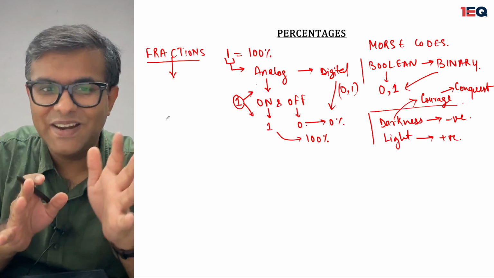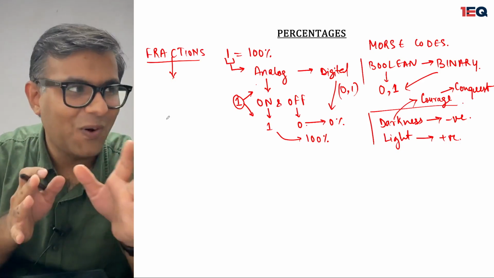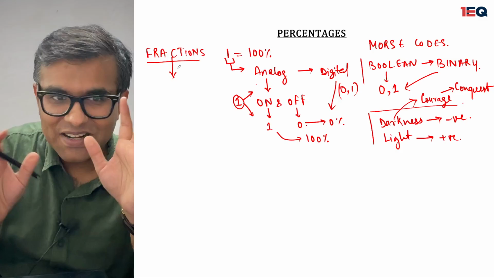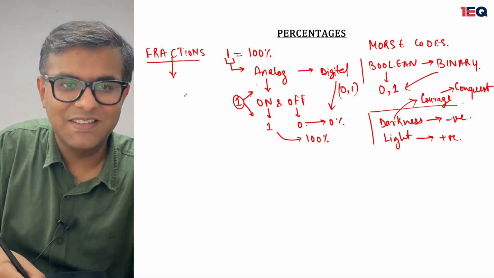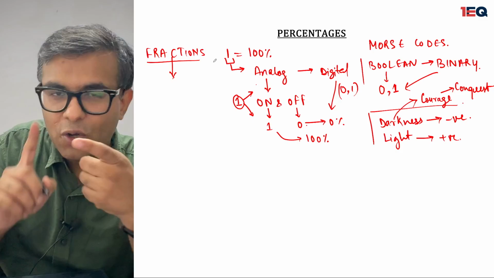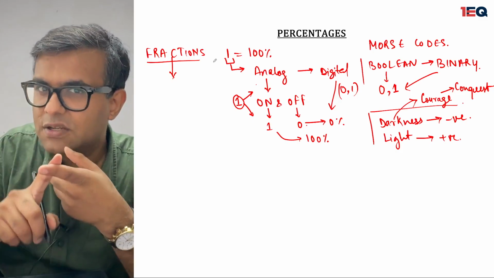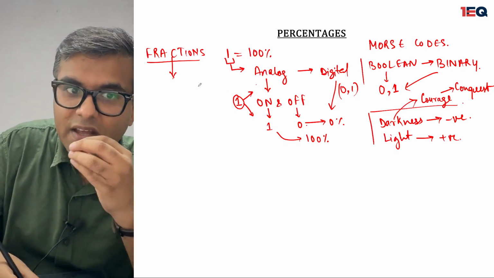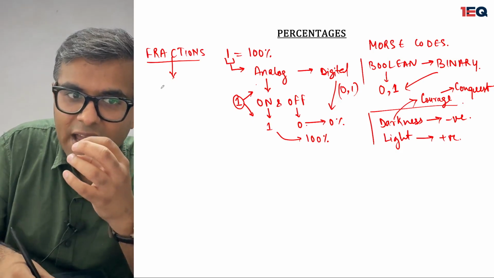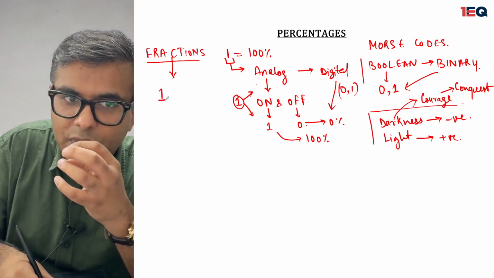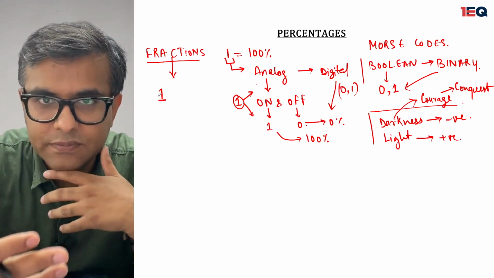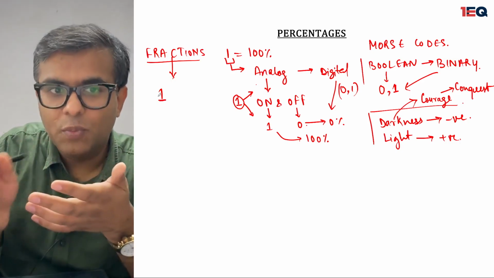Just to tell you that I am a science student as well, I know what lightning means, so that you don't consider me to be some random person teaching mathematics only. When I talk about a fraction of a second, when I talk about a fraction, it means I am splitting one into its own parts, into a few parts.